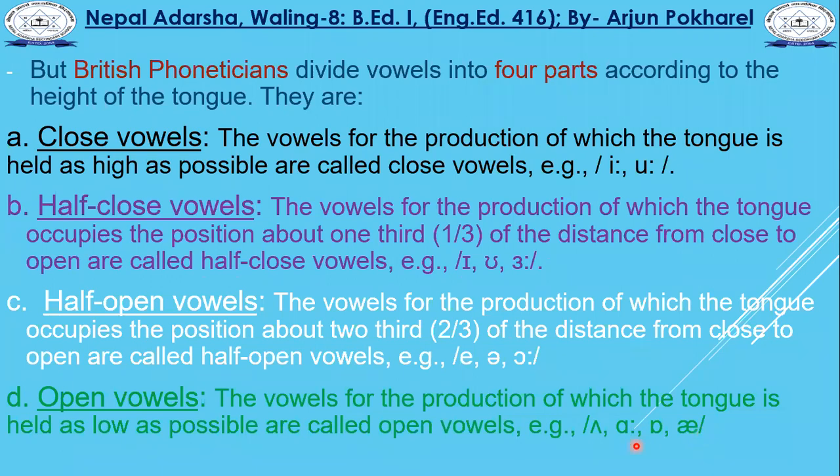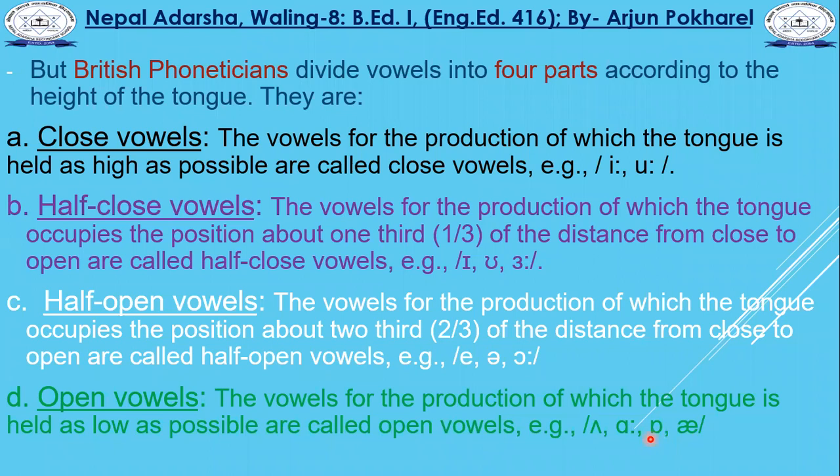If the tongue is held as low as possible, these vowels are also known as low vowels. The upper vowels and low vowels are the same. Before, we did four different vowels, and in open vowels again we have these four different vowels.